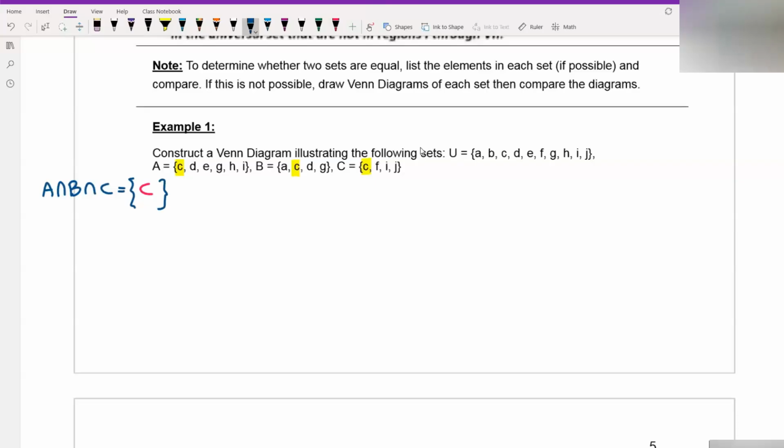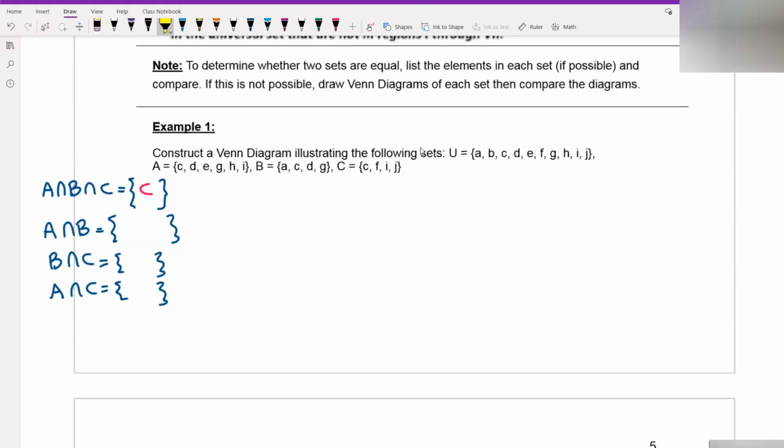And then the next step is finding members that are in common between AB, BC, and AC. First, AB, again, it doesn't matter which one you start first.